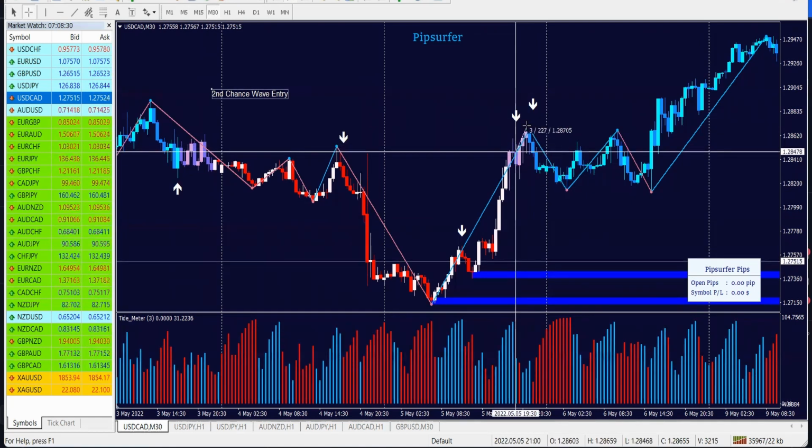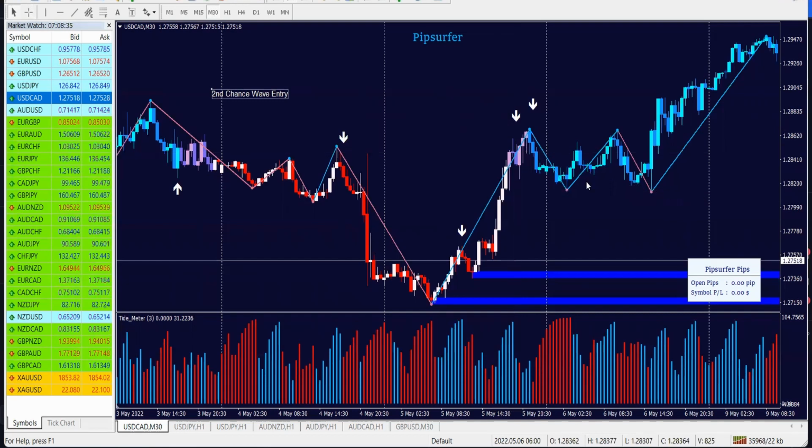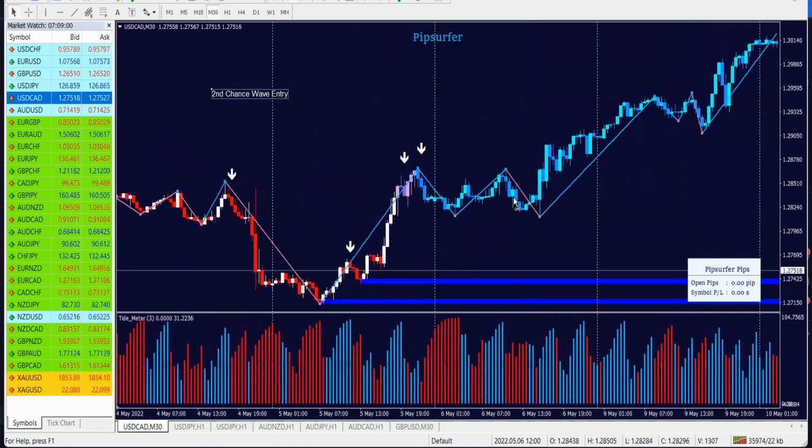Here you had a little bit of drawdown, but you still had 30, 40 pips in profit. That's a good trade, and that's not even a fully realized trade. So with the second chance entry, you can take a second arrow after the loss to catch the move, because you're going to get maybe a fake out, which was this. You thought this was the lower high that was going to create the lower low. You didn't get that. You got a better entry up here.